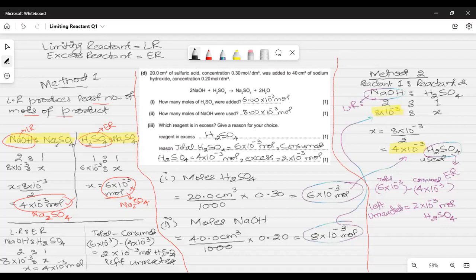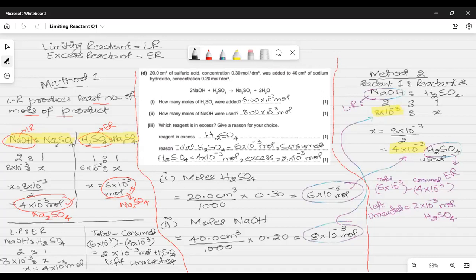Because when you write the total, you tell the examiner you know how to calculate number of moles. When you write consumed, you let them know that you knew exactly what LR and ER are, because you can only find out the correct value of consumed when you have already identified the limiting reactant and the excess reactant.